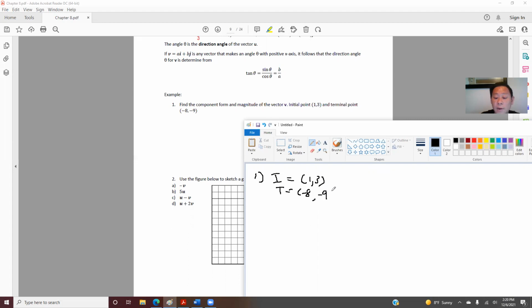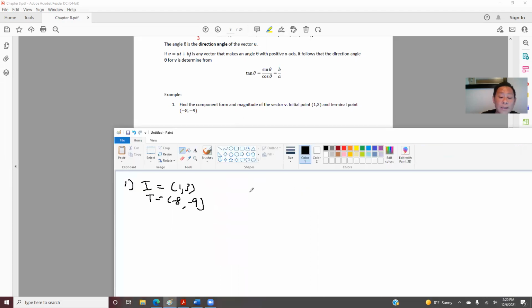You need to find what the vector V is here. Do not forget, this is your x1, this is your y1, this is your x2, this is your y2. It's always terminal minus your initial. This is one I always tell my students: it is always terminal minus your initial.